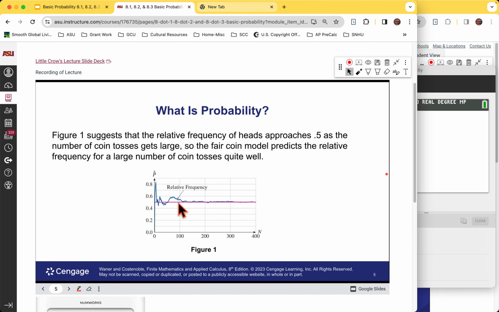You say, wait, the coin's supposed to be 50-50. Well, it just so happens that with 75 times, we had 6 heads for every 10 flips. But the more times we do it, probability does work over time. We get closer and closer to this 50% level, 50% heads, the more times we do it.